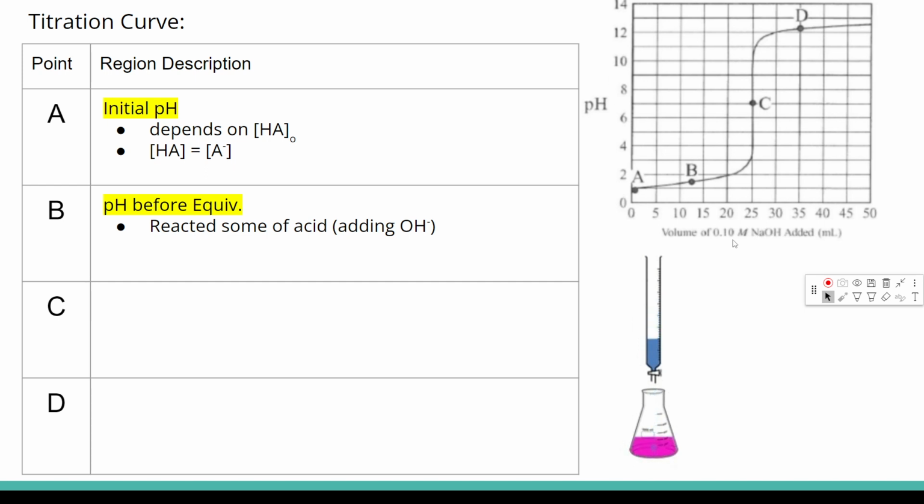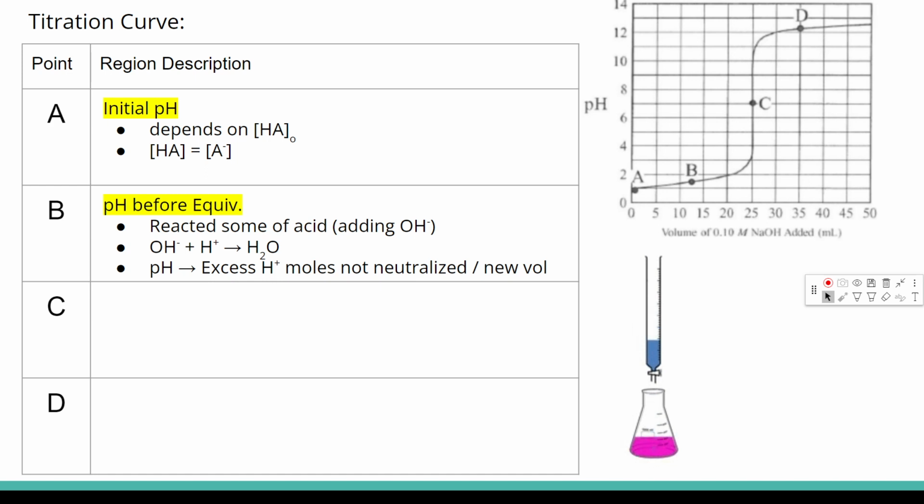This is the volume of 0.10 molar NaOH, so I'm adding base here. Some of the hydroxide is reacting with the acid part, the H+, or H3O+ to be more precise. And so here it is, our strong base and our acid making water. And pH is whatever H+ you have left over.